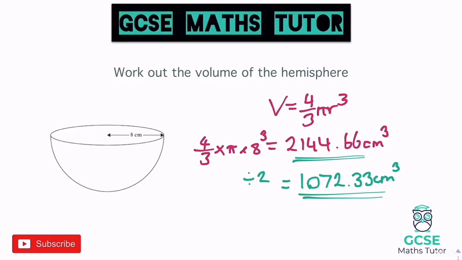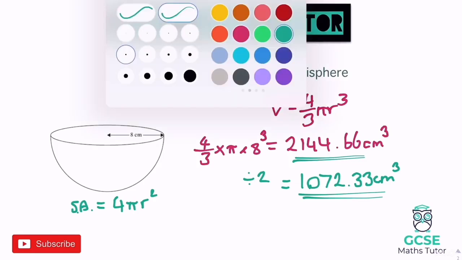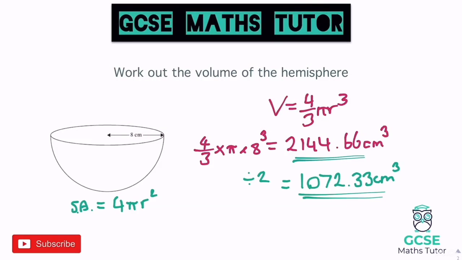Not forgetting as well, you could be asked to work out the surface area. And if you're asked to work out the surface area, again, it gives you the formula of a sphere. And the surface area of a sphere is 4 pi r squared. So again, if I was to work out the surface area of this one, it's a little bit more complicated, but only in the sense that we work out the full surface area. So we do 4 times pi times 8 squared.